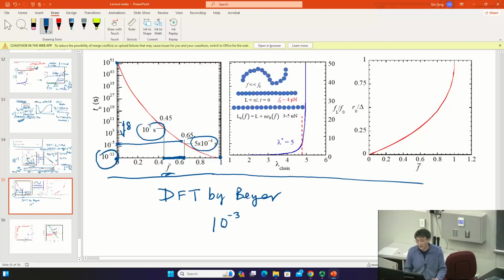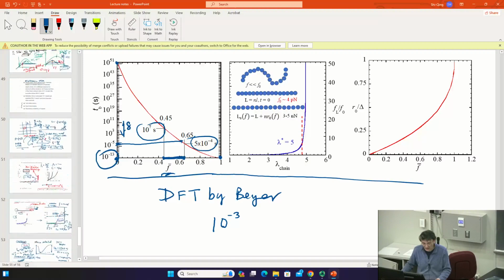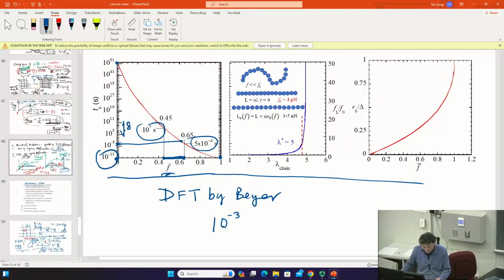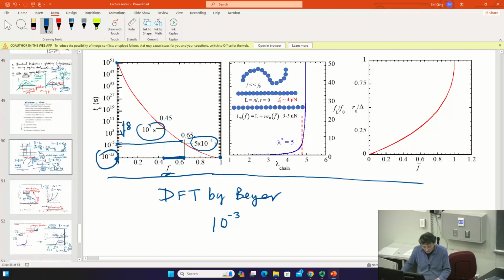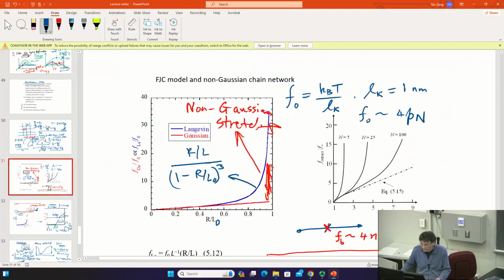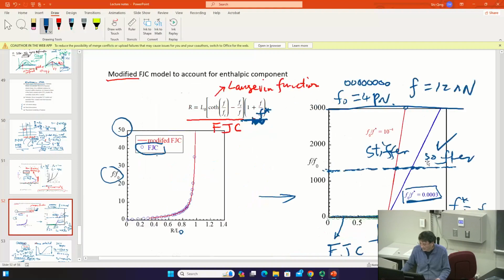Basically, you can build a single chain model. You can stretch it, just like this model I showed you here. Where do I have it now? This one.